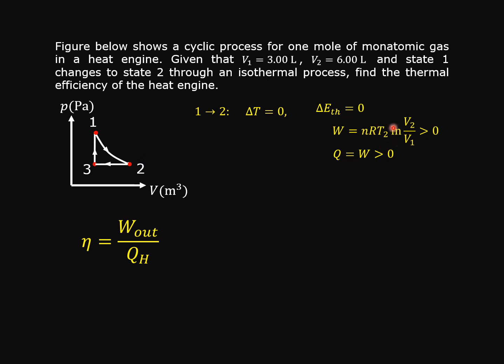Here we choose to write it in terms of T2, and the reason would become clearer in our analysis later. This work done will take a positive value because it involves the expansion of the gas.